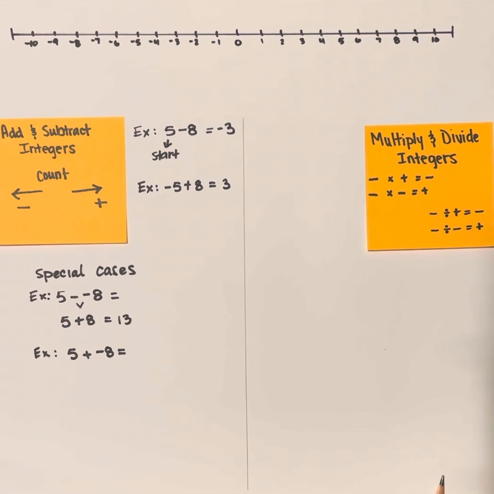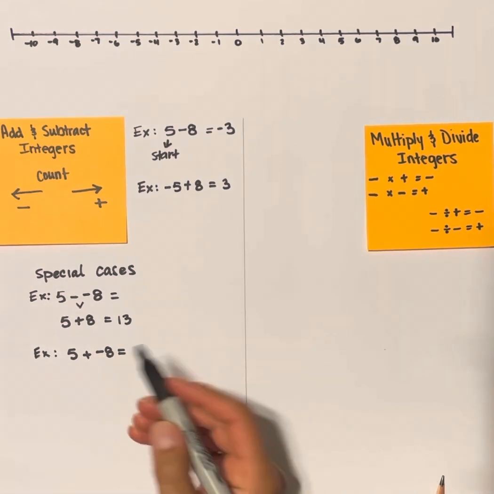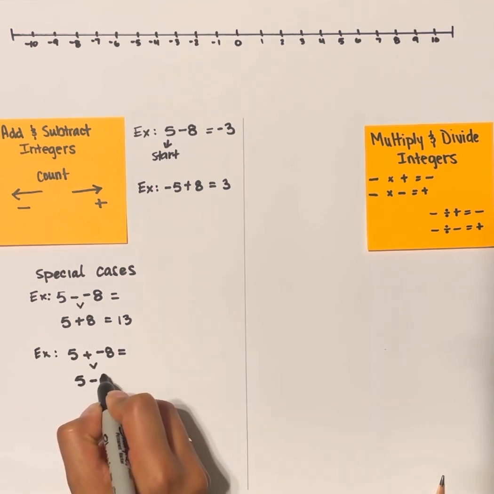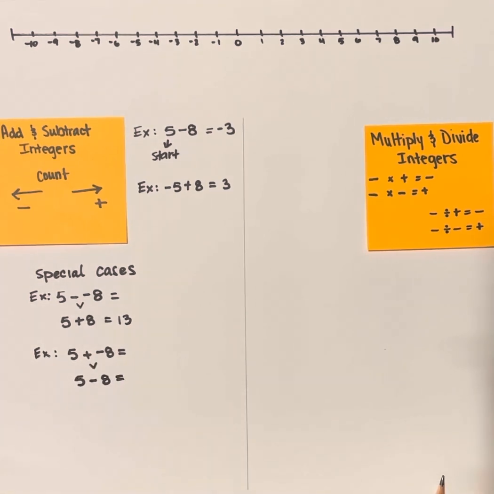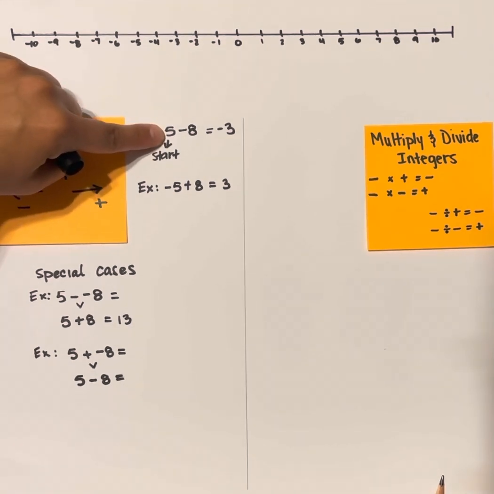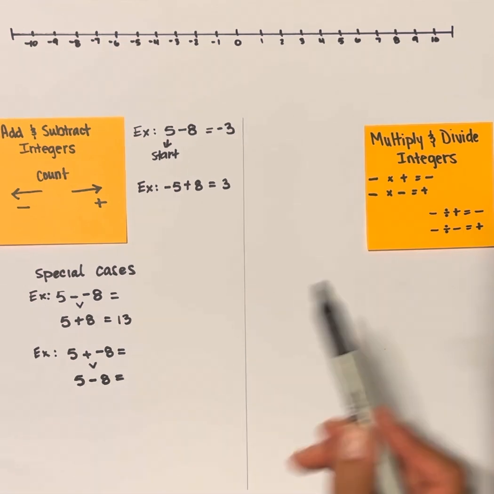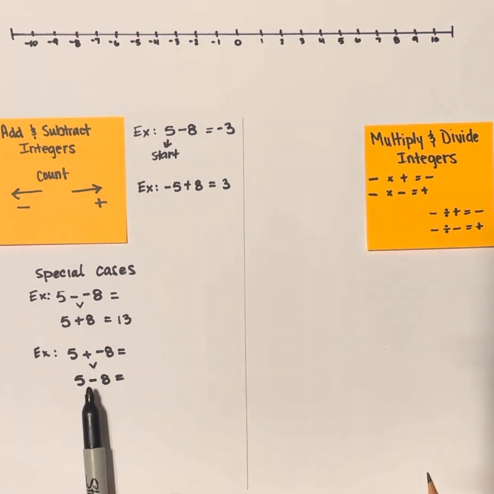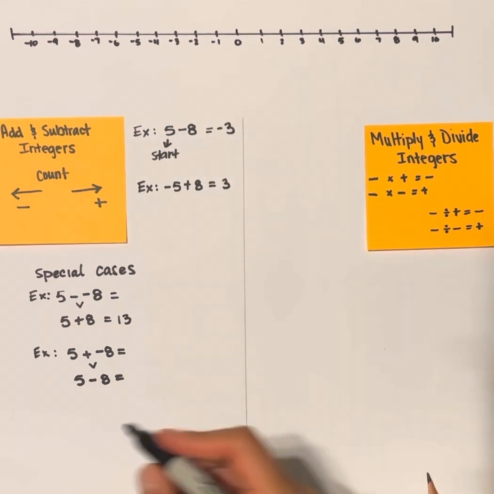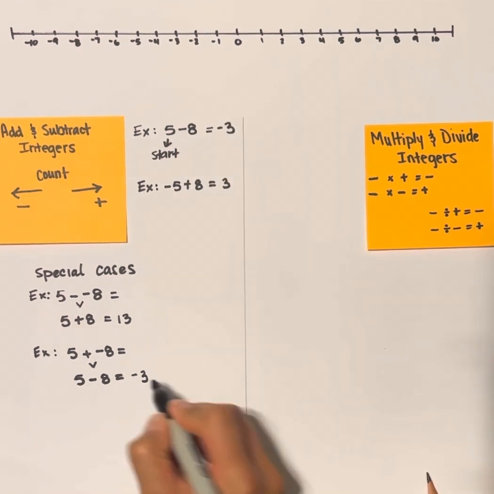If you think about what that means, I have more negatives now, because I'm adding them. So what this actually becomes is subtract. This becomes just a subtraction problem, 5 subtract 8, which is the same one we did up here. So you could start at 5, and now it's subtract 8, so I'm going to count 8 to the left. So my answer would be -3.